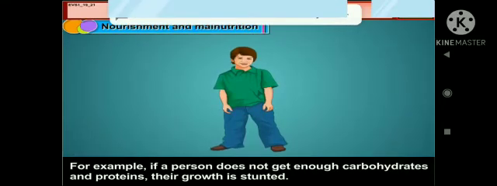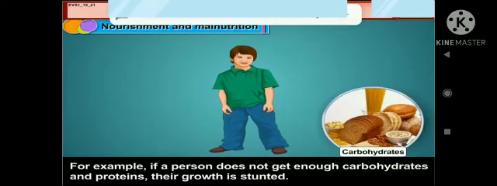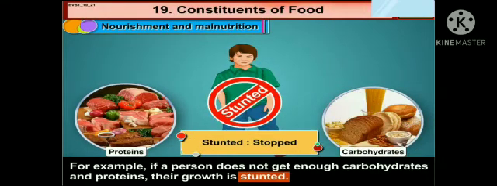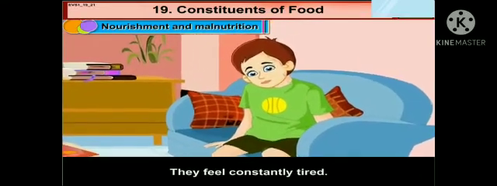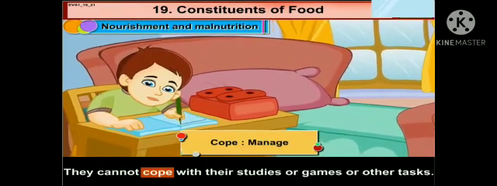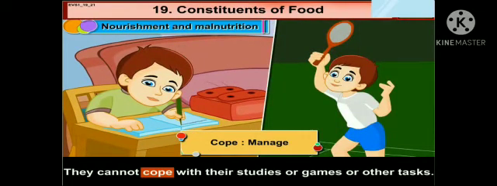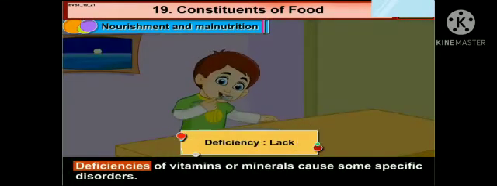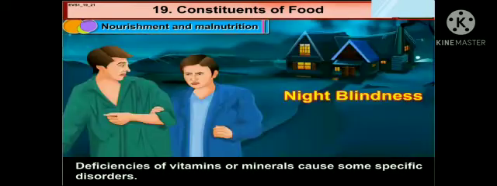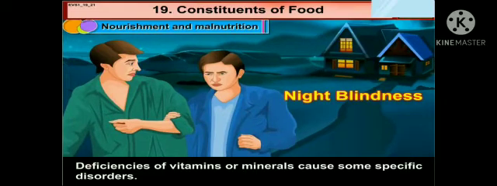For example, if a person does not get enough carbohydrates and proteins, their growth is stunted, that means stopped. They feel constantly tired. They cannot cope, that is manage, with their studies or games or other tasks. Deficiency, that means lack of vitamins and minerals, causes some specific disorders.